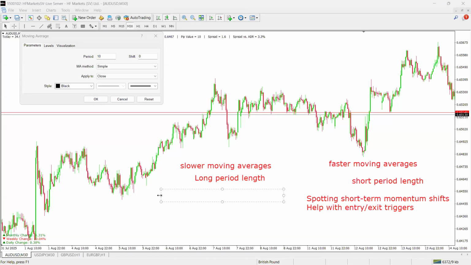And this one is naturally good for overall trend. This one is not short term. You're looking for the overall trend of a particular asset, or you're looking to confirm your bias.